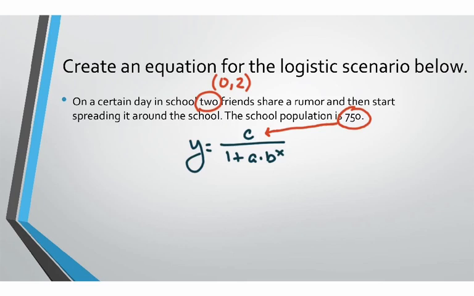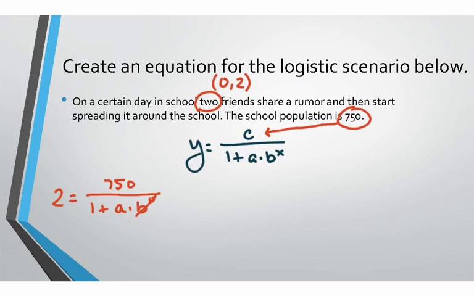I know I have 750 on top, and then I have 1 plus a times b to the 0. So b to the 0 is 1, so it's gone.